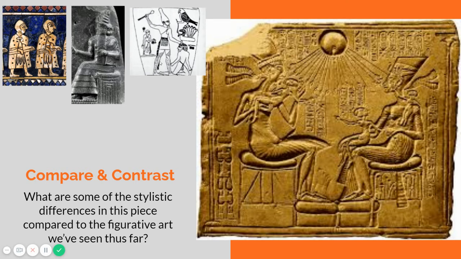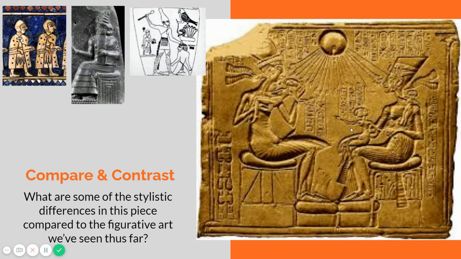Not only do I want you to compare and contrast to Egyptian stylized art, which we have up here from the drawing of the Narmer's palette, but also look back to Mesopotamia as well and remember what their figures look like in the Code of Hammurabi, the Standard of Ur, and take those types of stylized forms and now take a look at our new piece here and try to make some notes as to what is different.